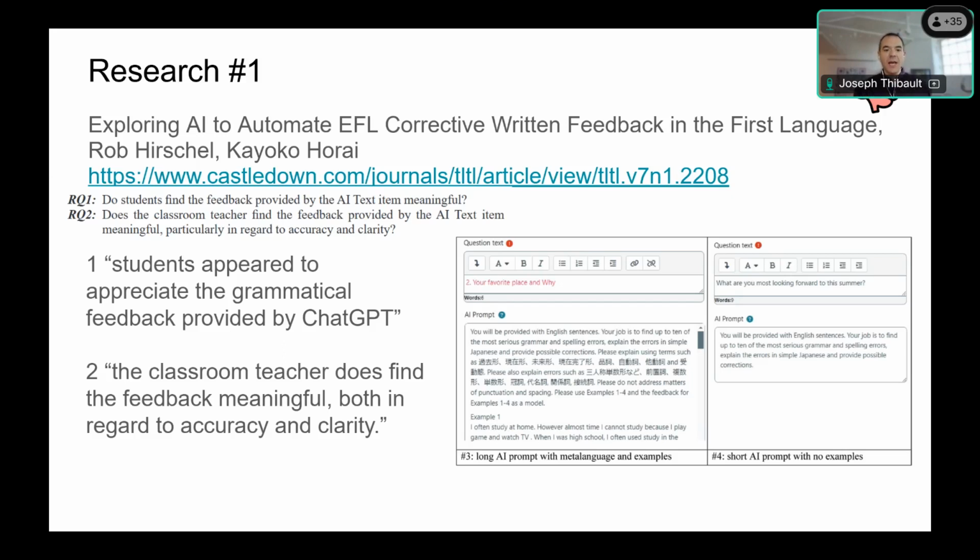The classroom teachers, in their evaluation of reading through all of the automated feedback, also found that it was quality, it was meaningful, and they commented on the accuracy and clarity. And I think it's a great paper. It's not very long to read, but it is a great, thoughtful application as we test and measure whether a large language model set up in this way through open source software like Moodle, what type of interface, what type of feedback and what type of quality can we expect from that.